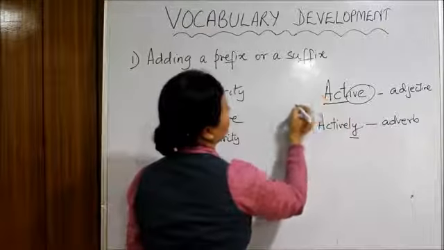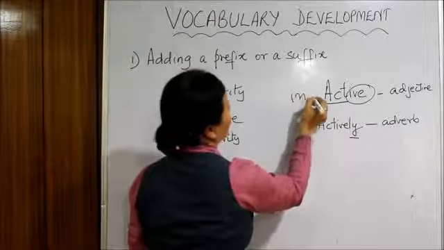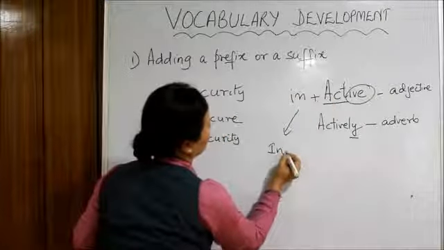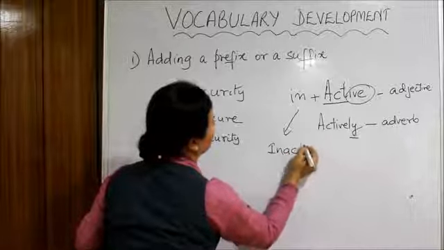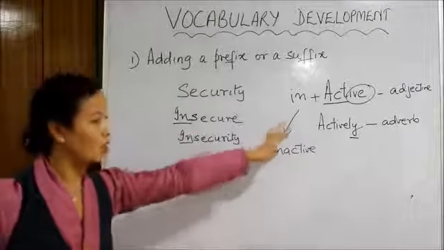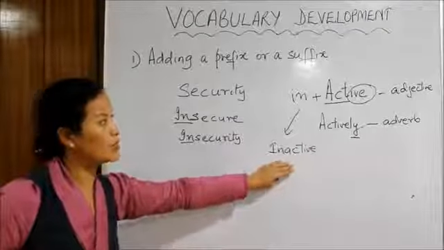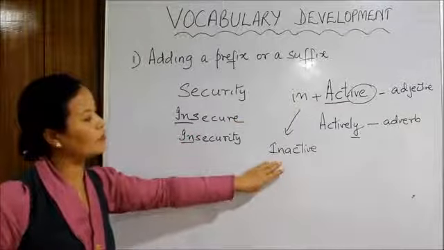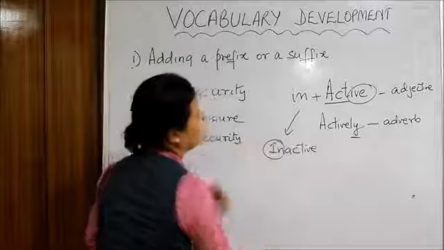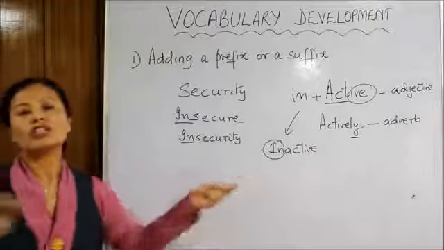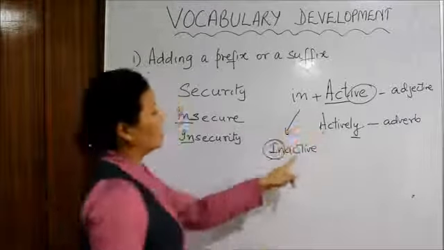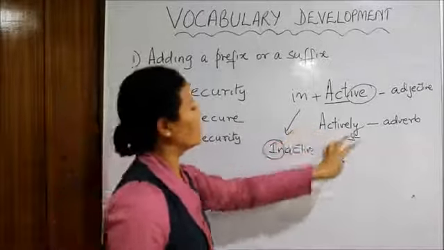If we add in, it becomes inactive, and the meaning of the word changes. This is an adjective, but it is the opposite of active. So we also need to remember that the prefix in usually changes the meaning. Active, inactive, actively.